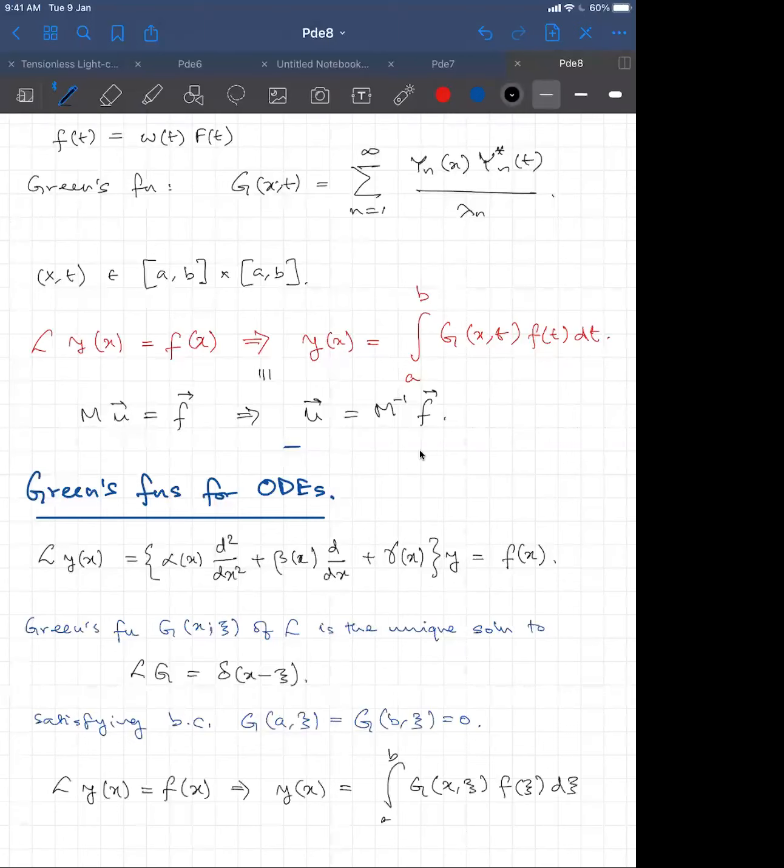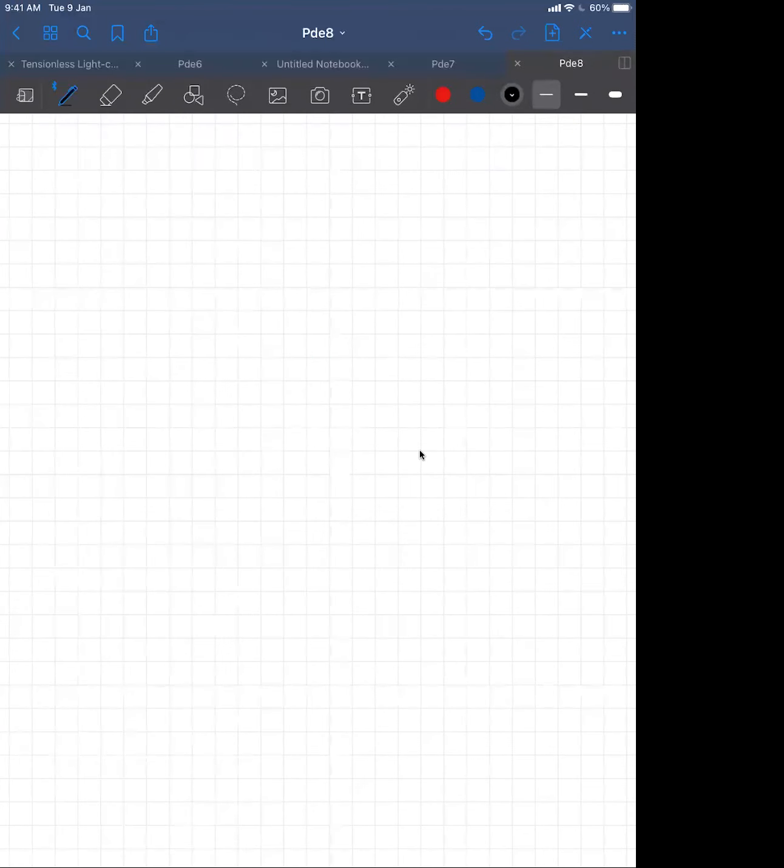Let's see how this actually works. It is very simple. L of y of x: just operate L on this solution.